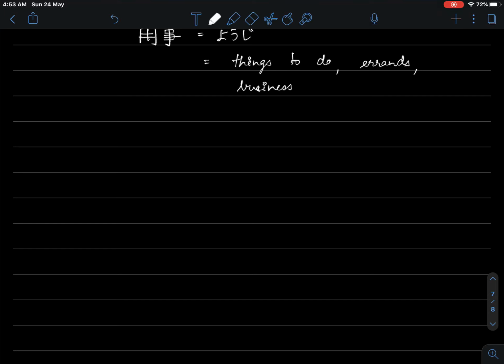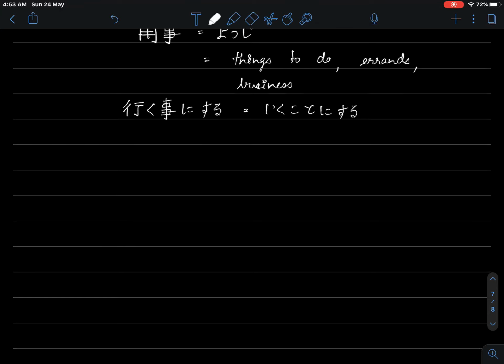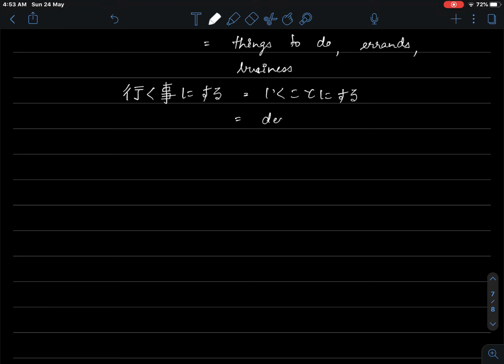let's have a look at the next. You will read this as, and you will think of it as, decide to do. Now again, this koto ni suru is a grammar pattern.